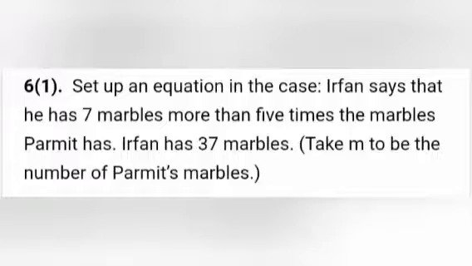Next question. Next question states, set up an equation in this case. Irfan says that he has 7 marbles more than 5 times the marbles Pramit has. Irfan has 37 marbles. Take m to be the number of Pramit's marbles. So Pramit's marble is m. Okay.